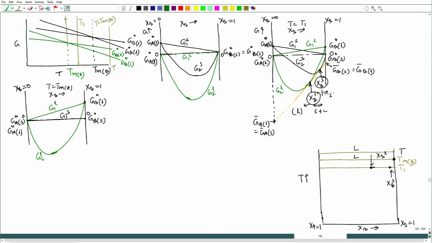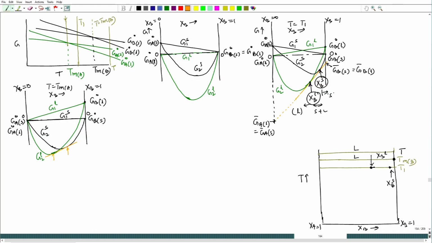So, one point will start from here, it will be symmetric. Fine. This is G2 solid. Now, we see we can have a common tangent, this one.